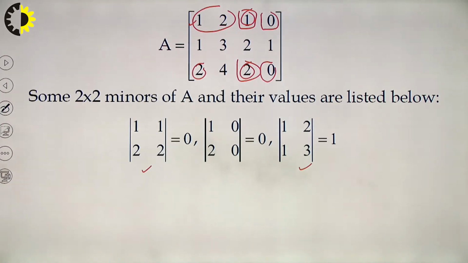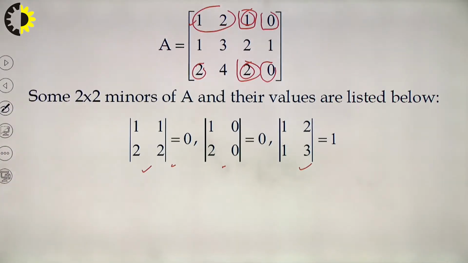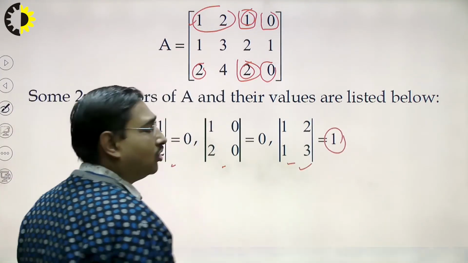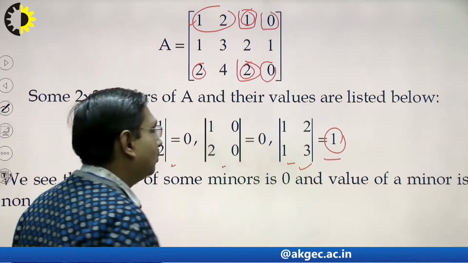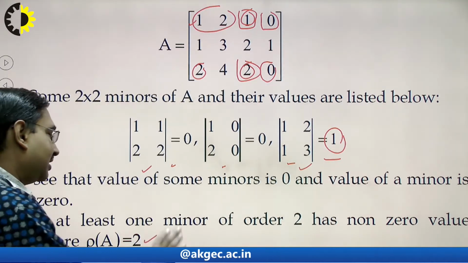We observe that some 2 by 2 minors have 0 value, while there is a minor of order 2 which is non-zero. So we get that the largest order of a minor having non-zero value is 2, and therefore the rank of the matrix is 2.